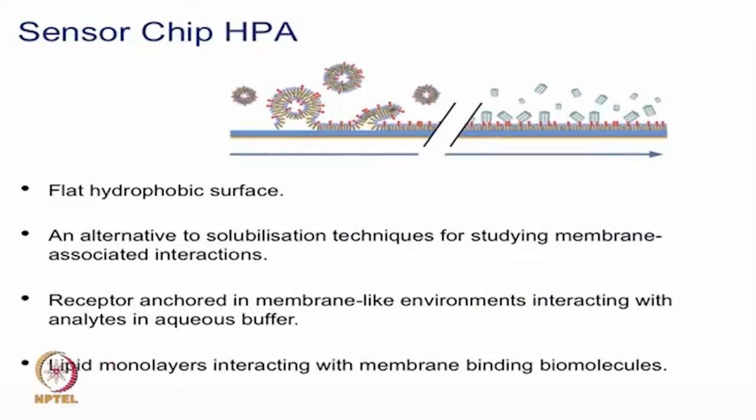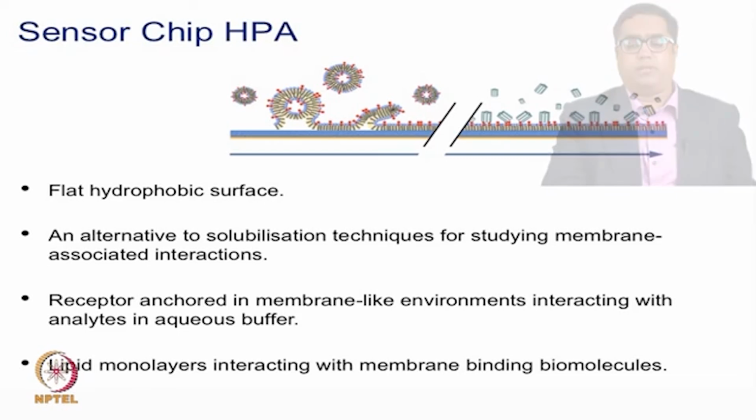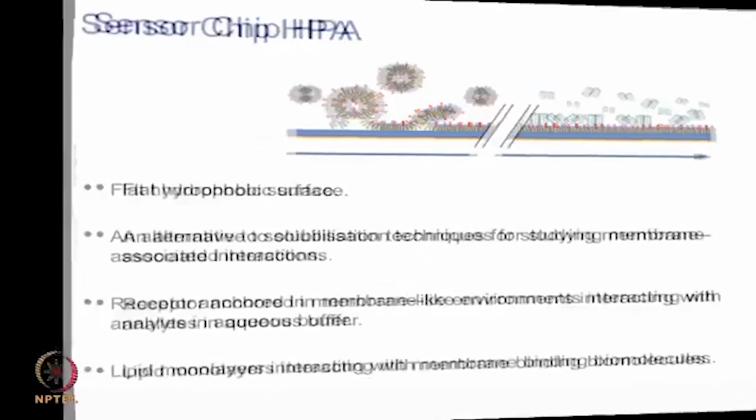These are flat hydrophobic surfaces, and these surfaces are useful for membrane associated interactions. Receptors generally are anchored into membrane-like environments, and then they are useful for interaction with analytes. Generally, studies of lipid monolayers interacting with membrane binding biomolecules are made on these surfaces.